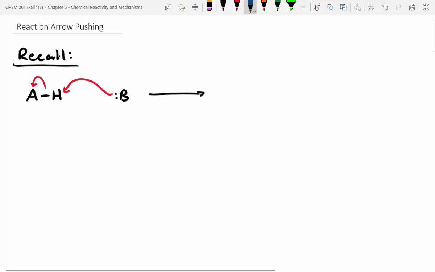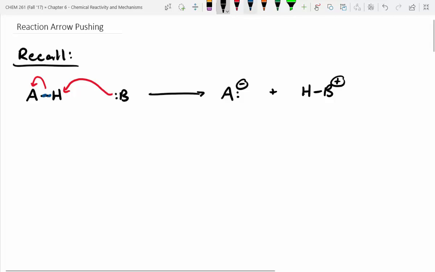So if you remember, we said double-headed arrows mean 2 electrons are moving, so those 2 electrons shown in blue are going to hop over to A. Now A will have a negative charge, and the proton will now be covalently bound to B with the 2 electrons that used to be lone pairs, and B will now have a positive charge.